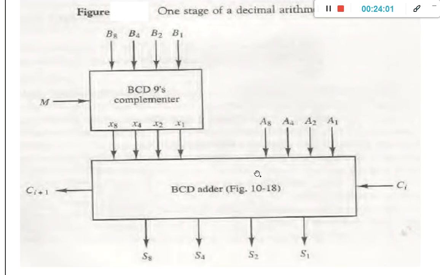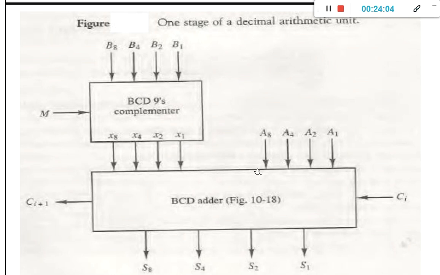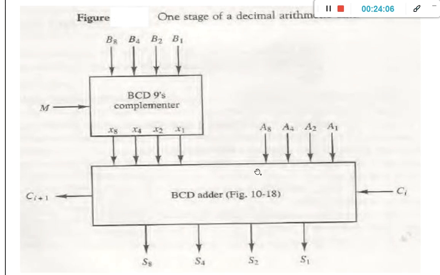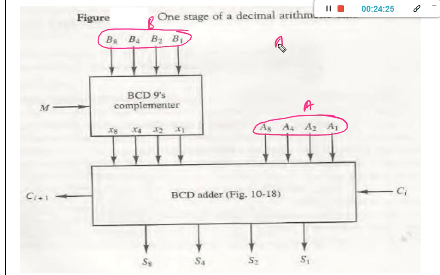So this is the circuit for a BCD adder as well as subtractor. These are the initial values b1, b2, b4, b8, and this is the A value. Now we need to perform A minus B. To perform A minus B, what you need to do is A plus B complement plus 1.